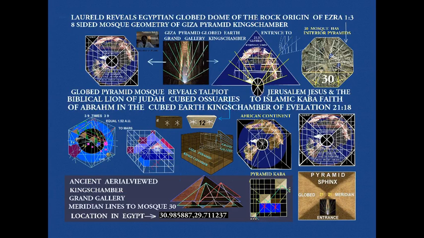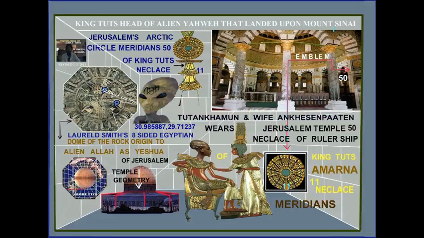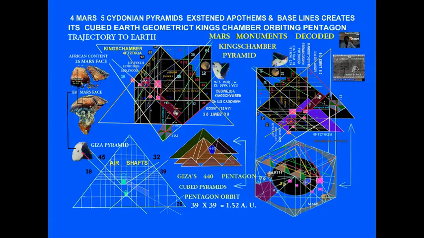These meridian lines are viewed in this eight-sided pyramid geometry, on which the pyramids on Mars and the Giza pyramids are all based. So phi and pi conforms to the eight-sided mosque geometry of the enclosed Earth within an eight-sided mosque structure.